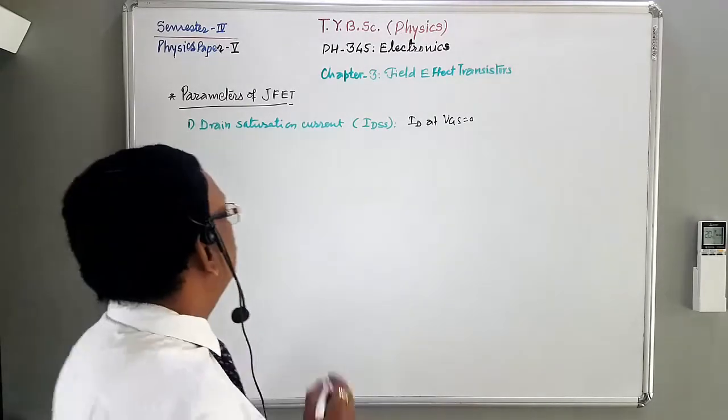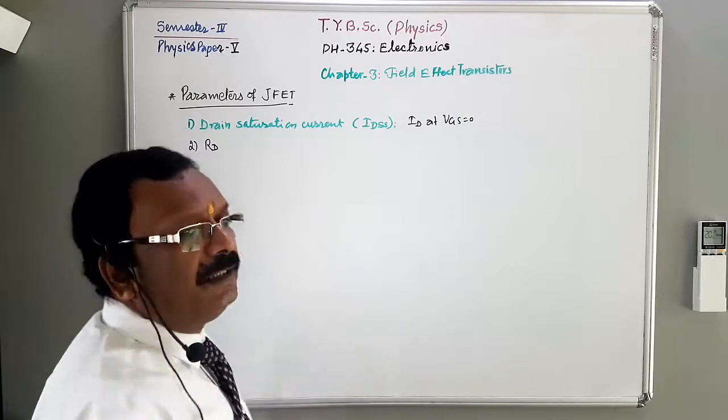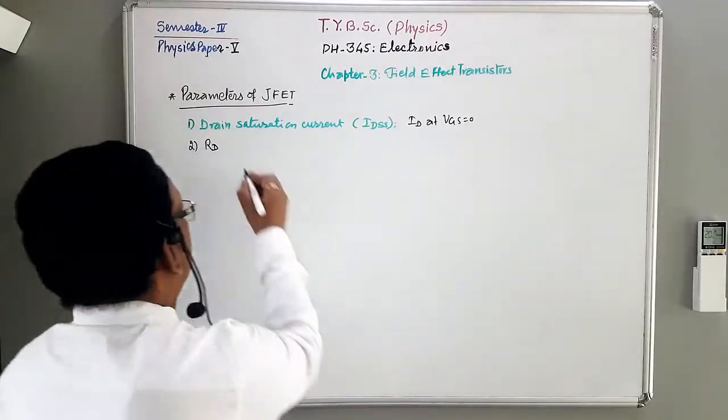Now second one is DC drain resistance, RD.